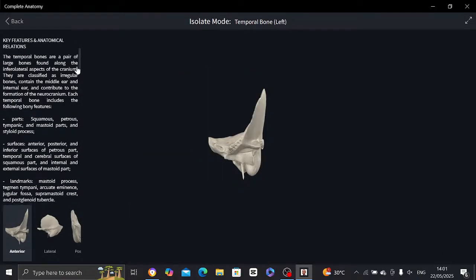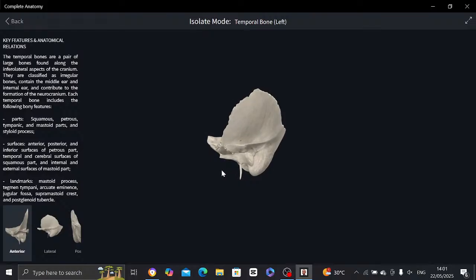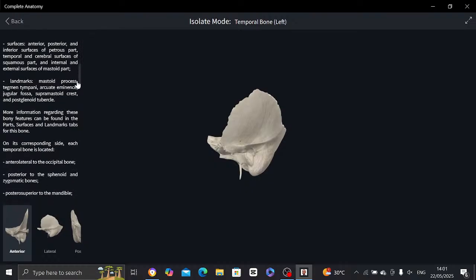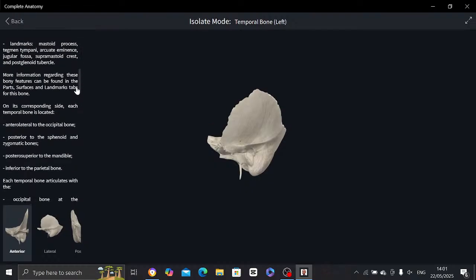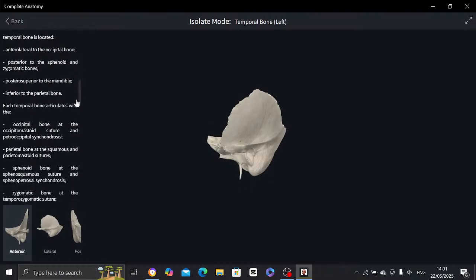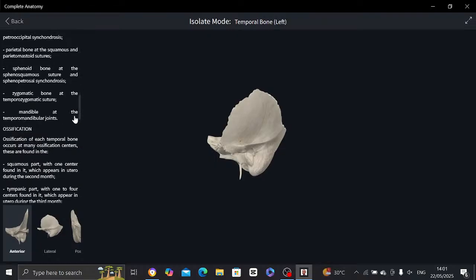The temporal bones are a pair of large bones found along the inferolateral aspect of the cranium. It's an irregular bone. It contains the structures of the middle and the inner ear. So we've said it contributes to the formation of the neurocranium. Generally, we've talked about its articulation.